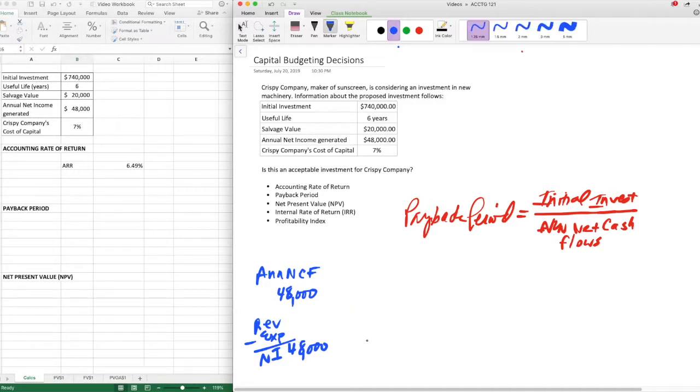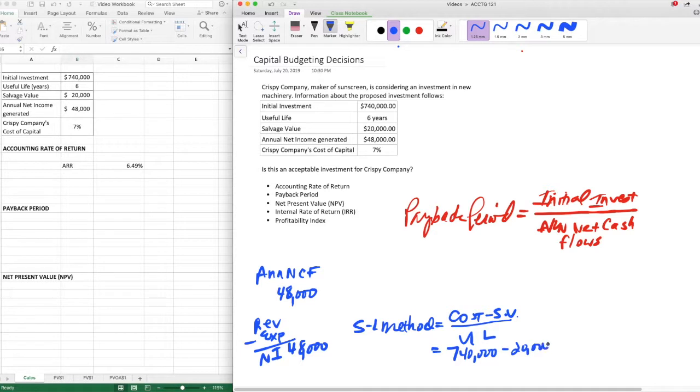Now, we're going to simply look at straight line depreciation. With the straight line method, we take the cost of the asset minus the salvage value, and we divide it by the useful life. In our situation here, the cost of the asset is $740,000, salvage is $20,000, and the useful life is 6 years.